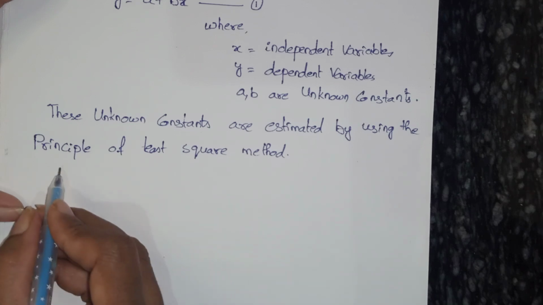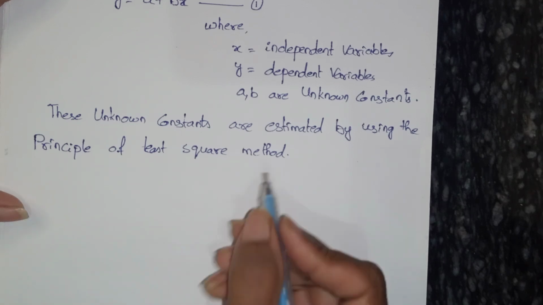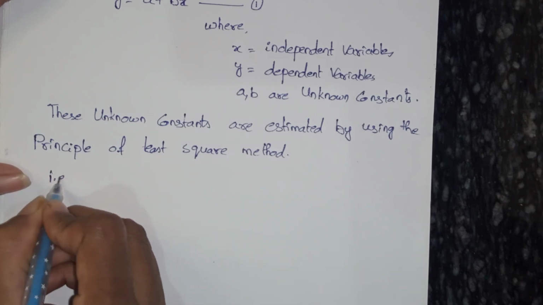Now let's see the definition of the principle of least squares method. That means, what is the rule?